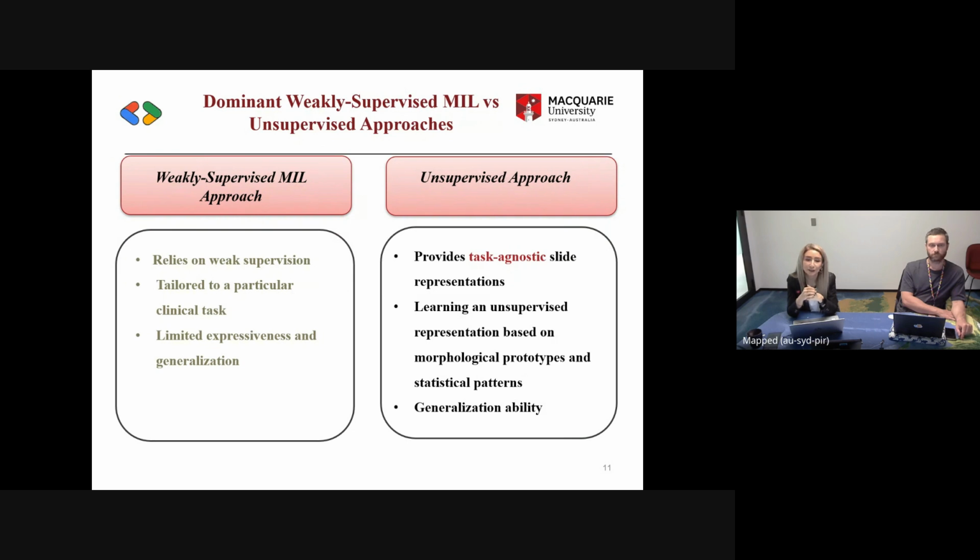Their learning process is unsupervised. So based on their unsupervised learning, they can provide these representations, which are based on morphological prototypes and statistical patterns in these whole slide images. So their generalization ability is higher than multi-instance learning models.